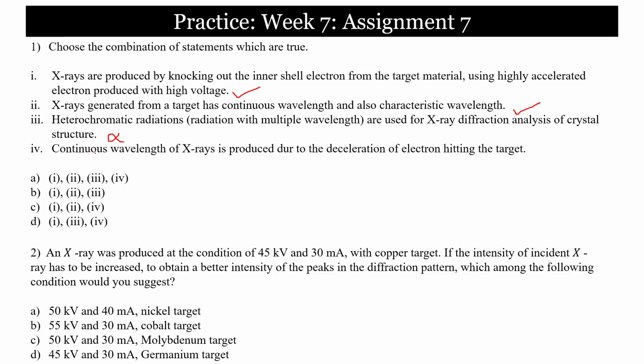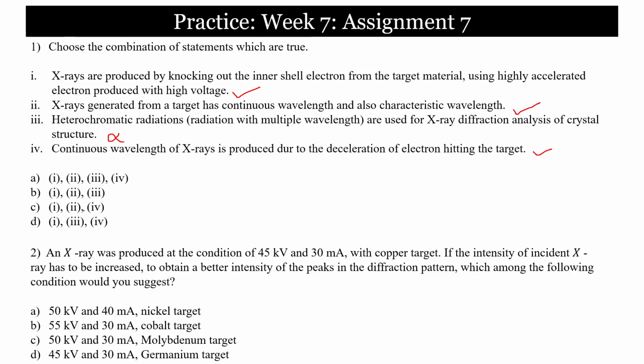Statement 4 says that continuous wavelength of X-rays is produced due to the deceleration of electrons hitting the target. Yes, this is completely true. The continuous wavelength is the result of the deceleration of the electrons which are hitting the target.